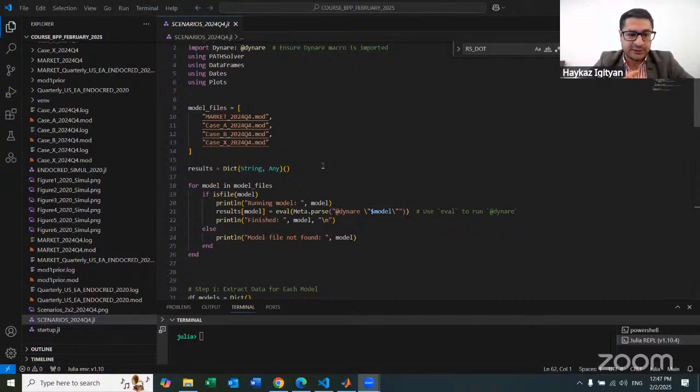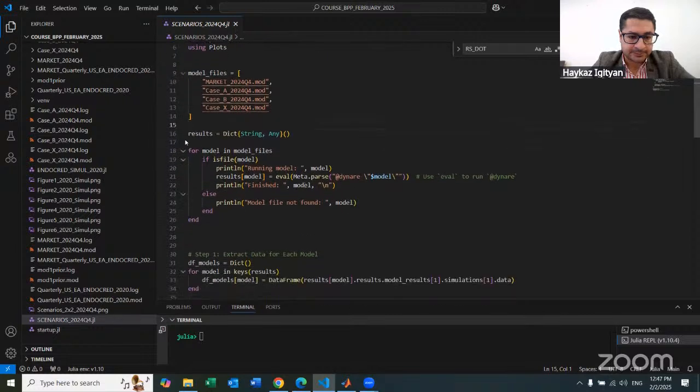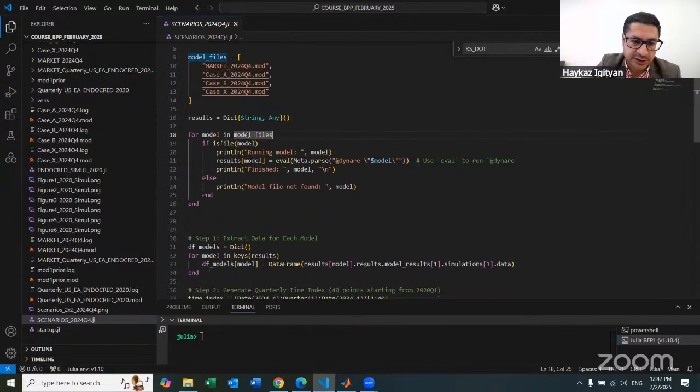For that we just define the model files here and name all 4 models. Again, it's a loop, and the idea is that we are using loops to save all the results for all the 4 models and name them similarly to their Dynare file names. That's how we are doing this.